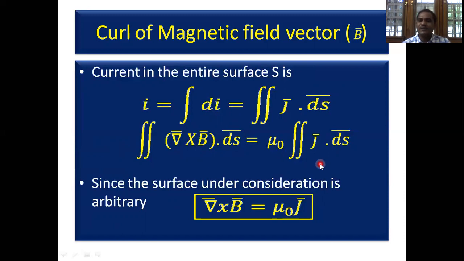Since the surface under consideration is arbitrary, you can write del bar cross b bar equal to mu naught into j bar. So the curl of b bar equals mu naught times the current density vector j bar. This is applicable only for steady currents, not varying currents. You should remember that. For steady currents, the curl of magnetic induction field strength del bar cross b bar is equal to mu naught into j.